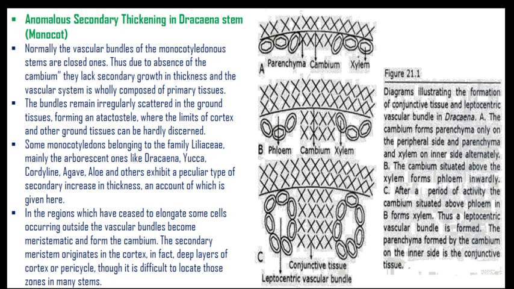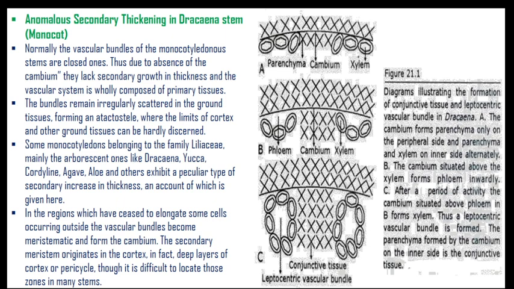Here is another example which belongs to the monocotyledons or monocots, that is the genus Dracaena. In case of a Dracaena stem, normally the vascular bundles of monocotyledon stems are closed ones.